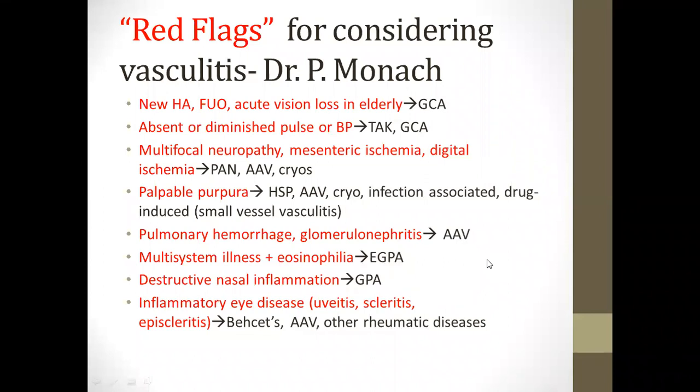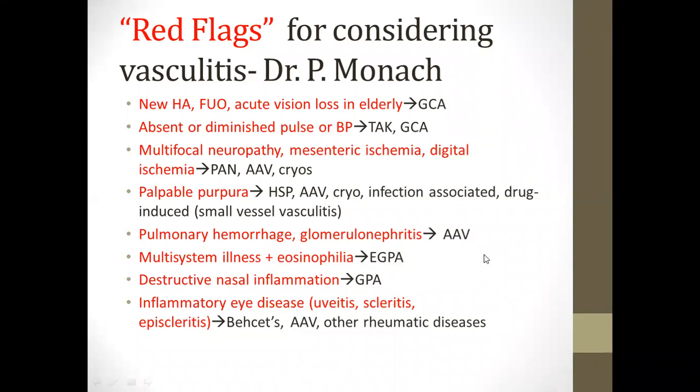So if you have people coming in with foot drop or wrist drop, just sudden onset, mesenteric ischemia or digital ischemia, you're thinking about polyarteritis nodosa. You're thinking about the ANCA-associated vasculitides and cryoglobulinemia. Palpable purpura hits quite a few things: HSP, ANCA-associated vasculitides, cryos, infections can do it, drug-induced. The small vessel vasculitides can do that.